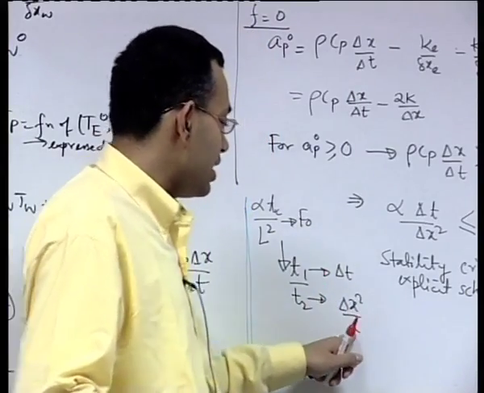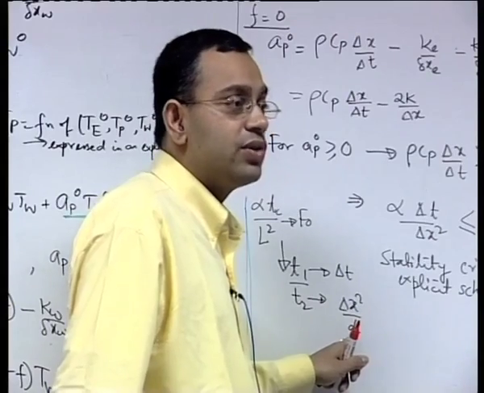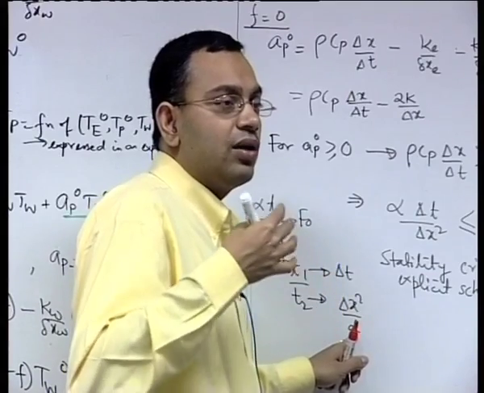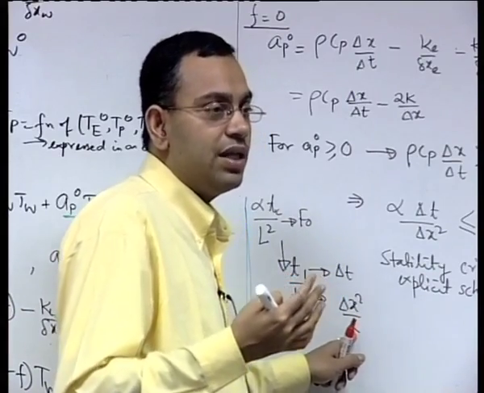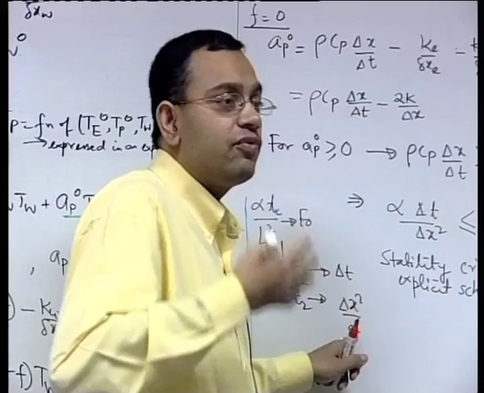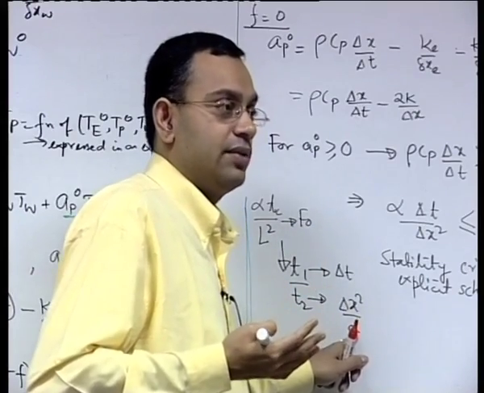So, alpha, if you recall, is thermal diffusivity. It is thermal conductivity relative to rho into Cp. That means it is the ability of the material to conduct thermal energy relative to its ability to store thermal energy.